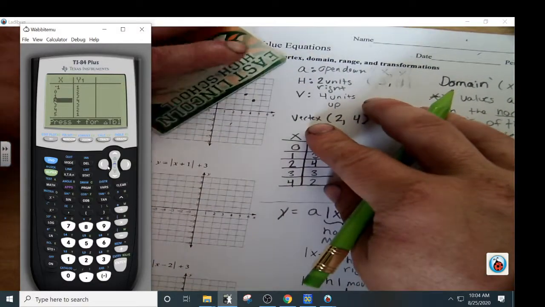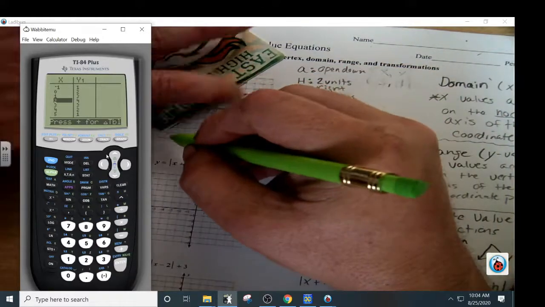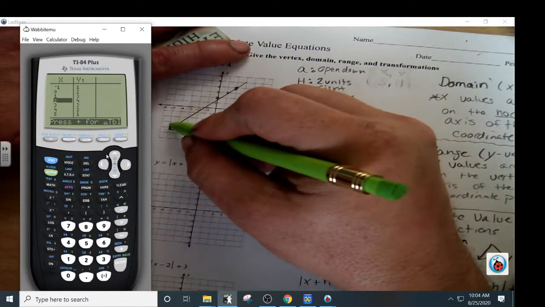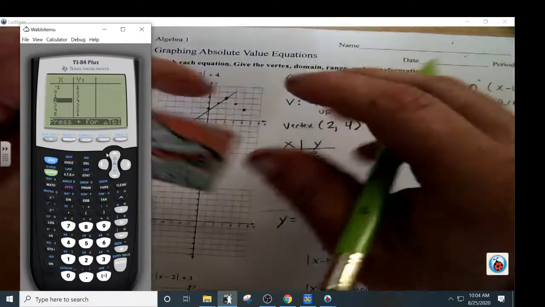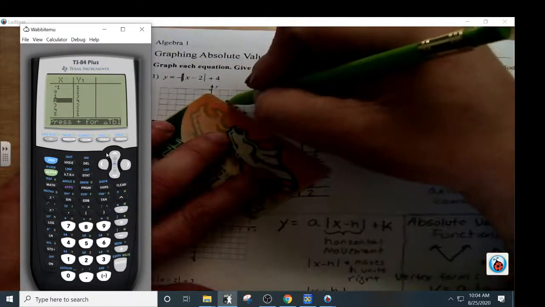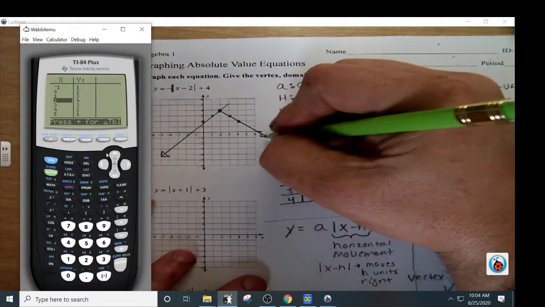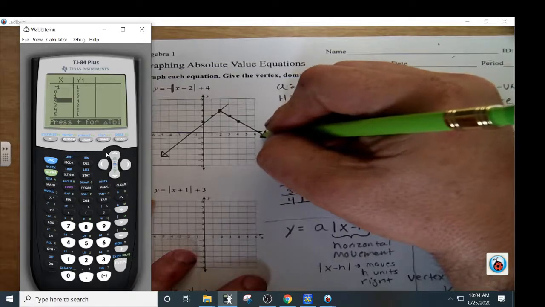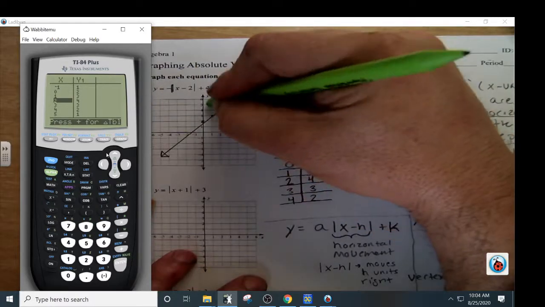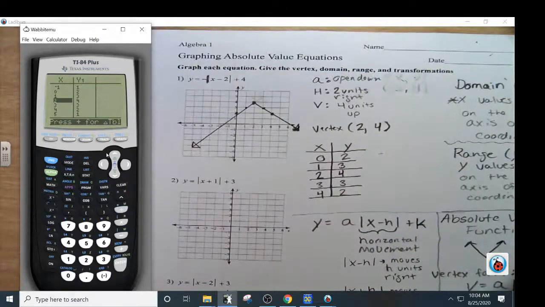So if I trace that, okay, there's my absolute value function, guys. Notice it makes a V. Notice the shape of the graph.